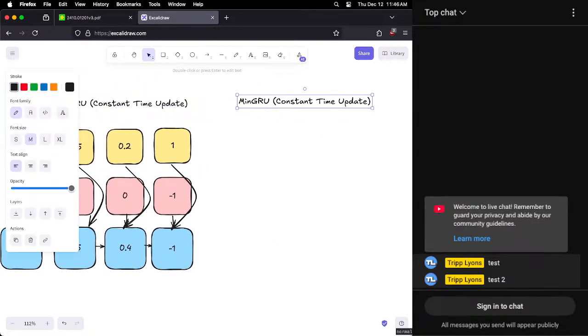So let's see an example of that. This might take a little longer to get through, but parallel update.